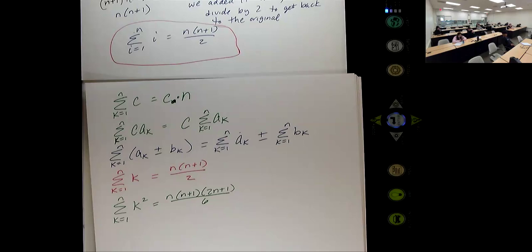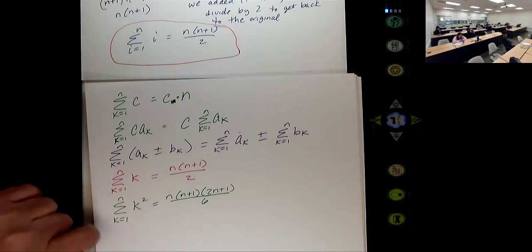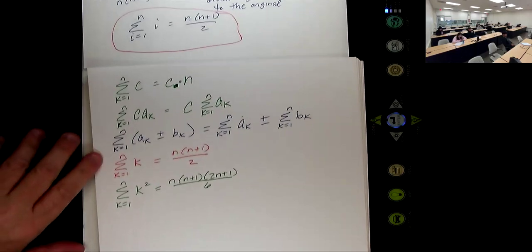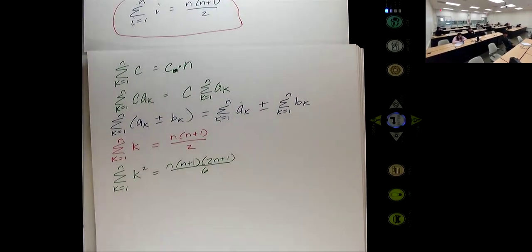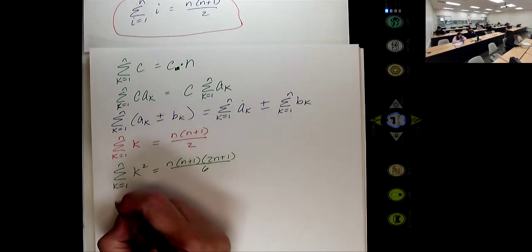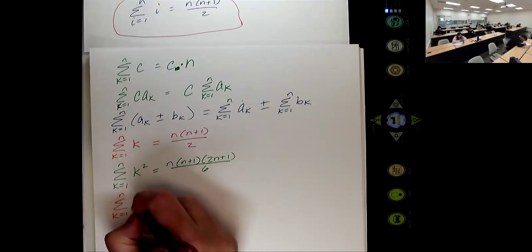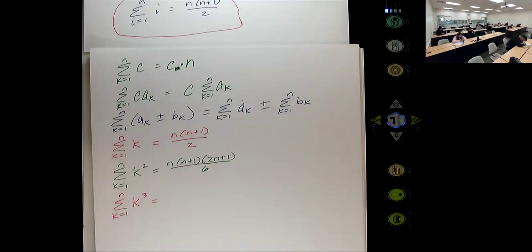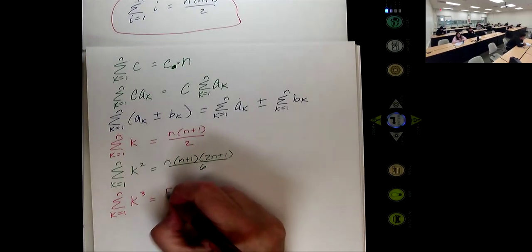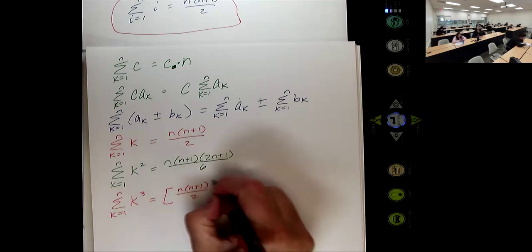You can take derivatives of these. You'll do it in Calc 2. They're called power series, and you'll take the derivative to speed up stuff. Yeah, there's one for K cubed. And it actually looks like the first one, but it's squared.